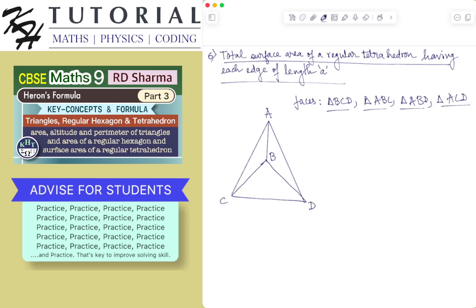Now, what are the edges? How many edges are there in this regular tetrahedron? An edge means a side which is common to 2 faces.